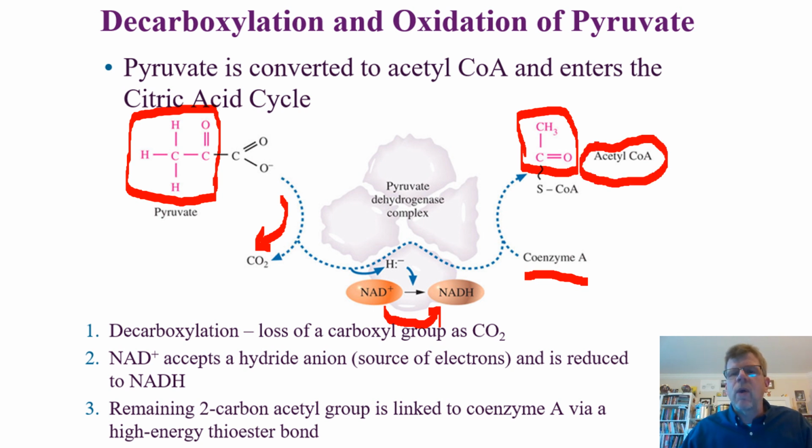And it is acetyl-CoA which will approach the site of the citric acid cycle, and the coenzyme A will dump this 2-carbon acetyl group into the citric acid cycle.